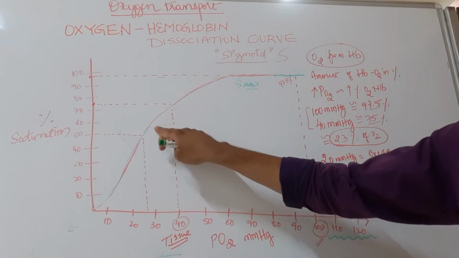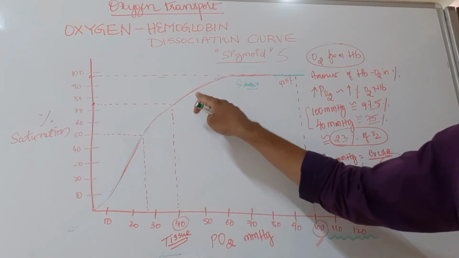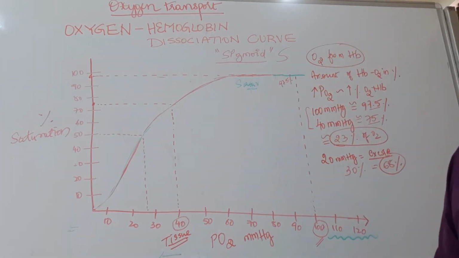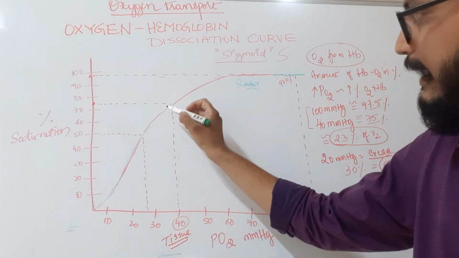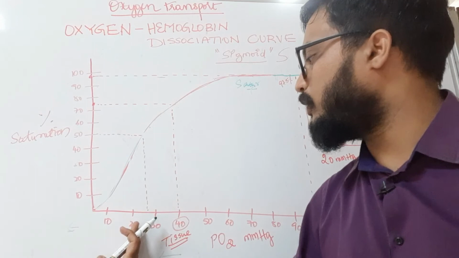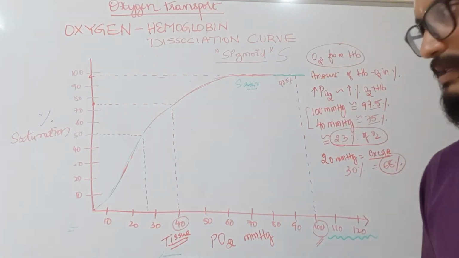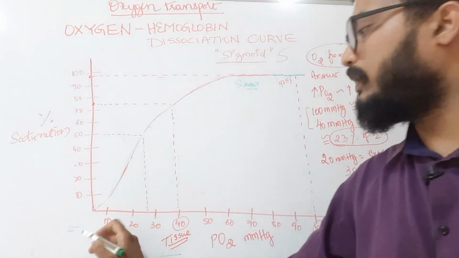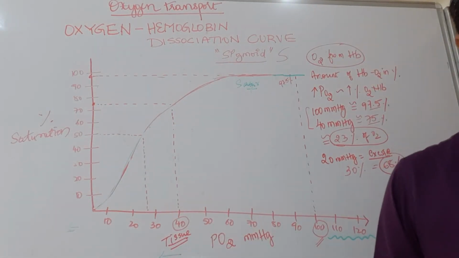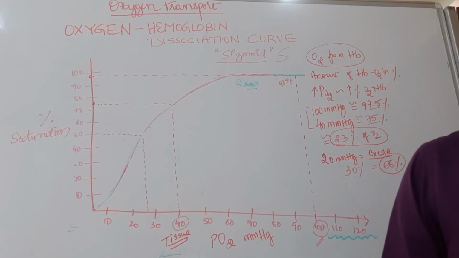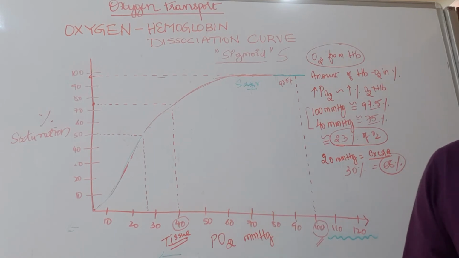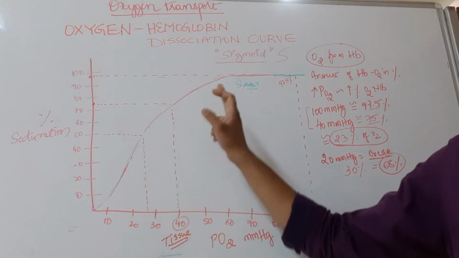So the attachment increases as the partial pressure increases. Once it is saturated, there is no extra attachment, but as it goes down and down, to about 20 and 10 mmHg, the unloading from the hemoglobin is more than the attachment. So the partial pressure of the oxygen determines oxygen combination with hemoglobin.